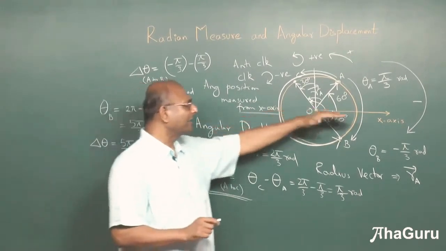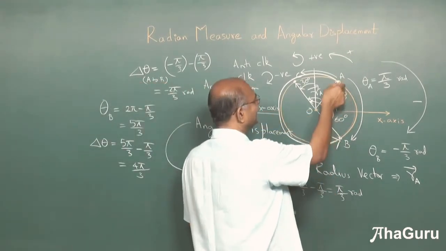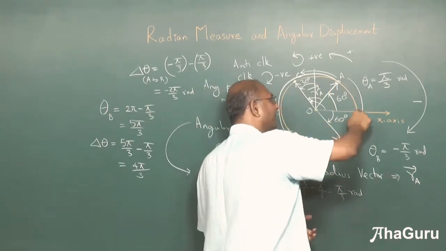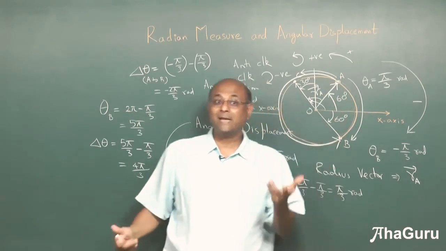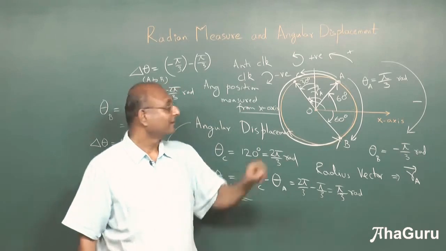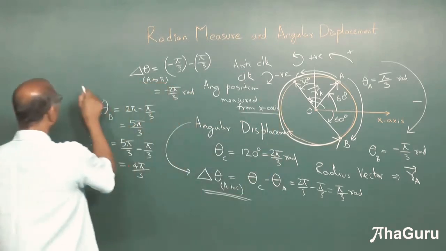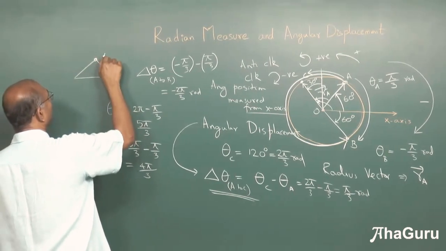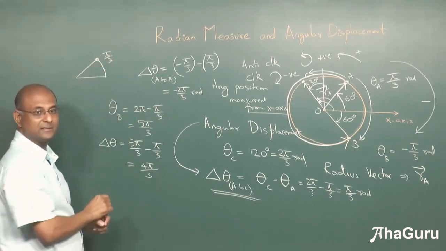Generally, when we talk about angle, it doesn't matter if I say this is 60 degrees, I go like this once, 60 degrees. I make one full trip and come back. Where am I? I am at A. What is the angular position of A? 60 degrees? No. If you reach the same place 2 times, the first time you reach, this fellow's angular position is pi by 3.